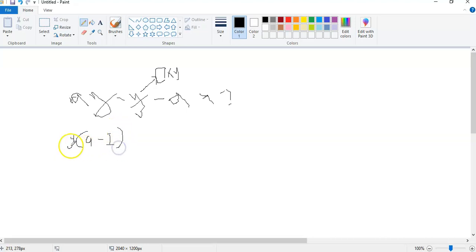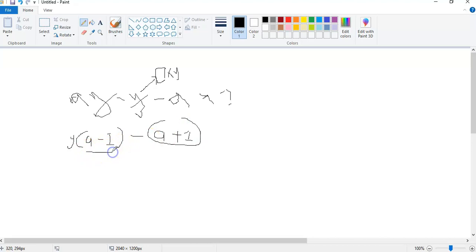If you multiply Y times 1, you are still going to get Y. Then we have minus A, plus 1.